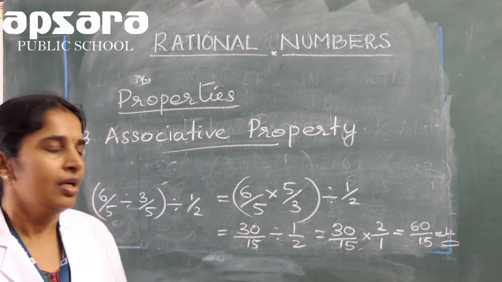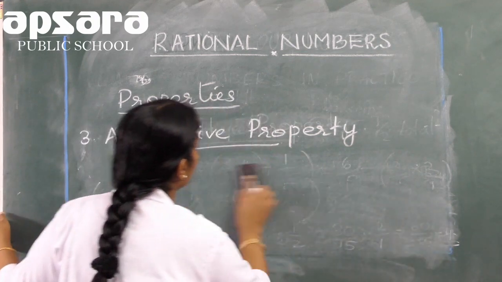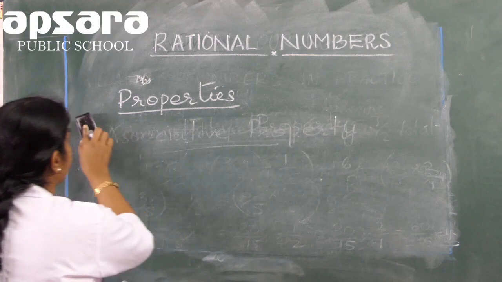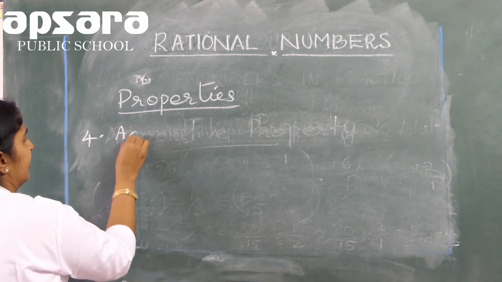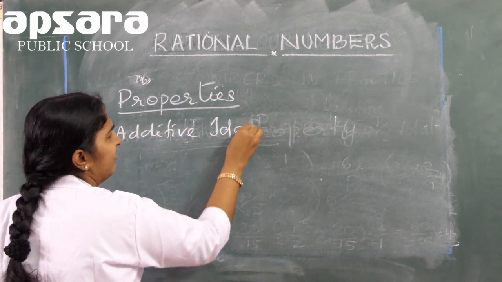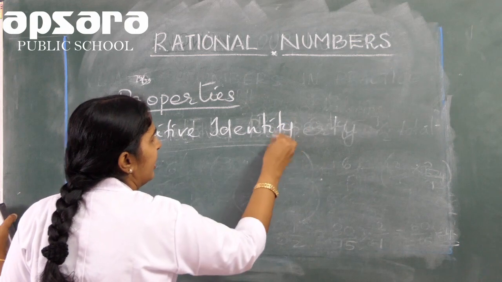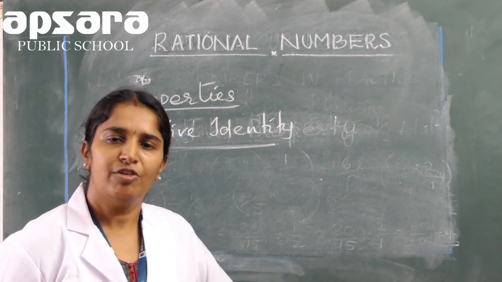Next one, additive identity. Which is the additive identity for rational numbers, children? 0 is the additive identity for rational numbers.